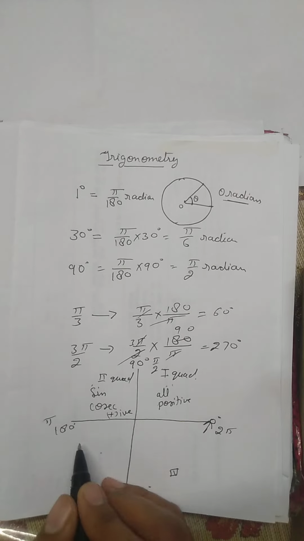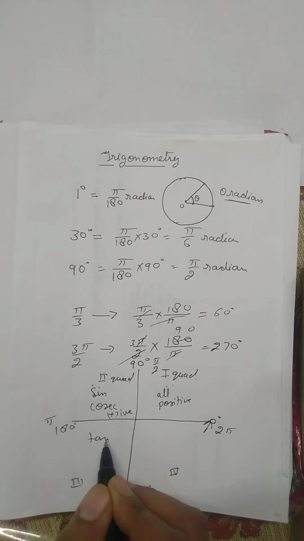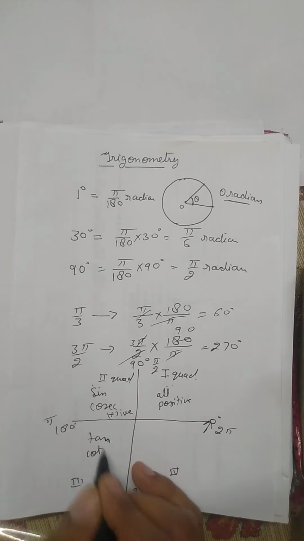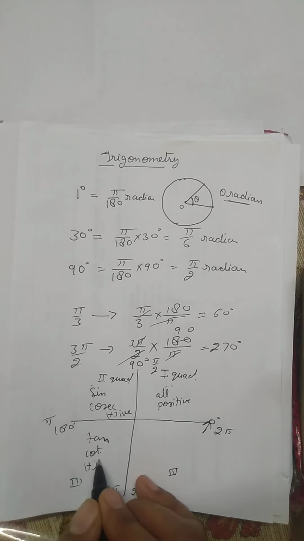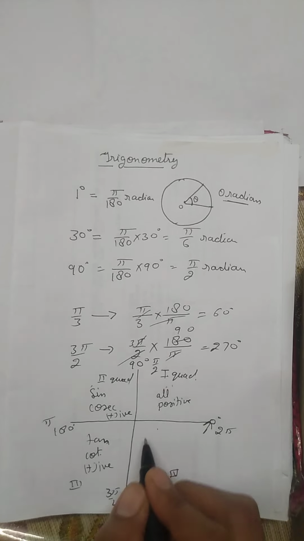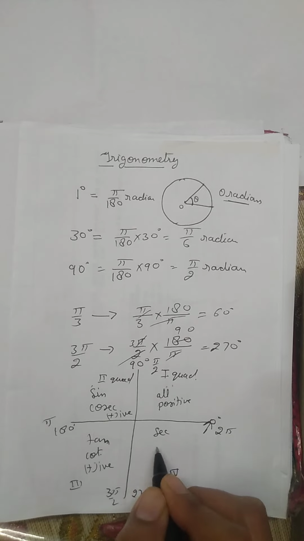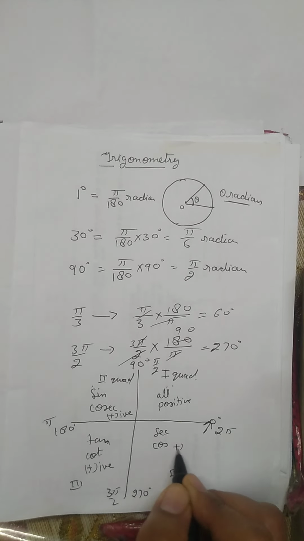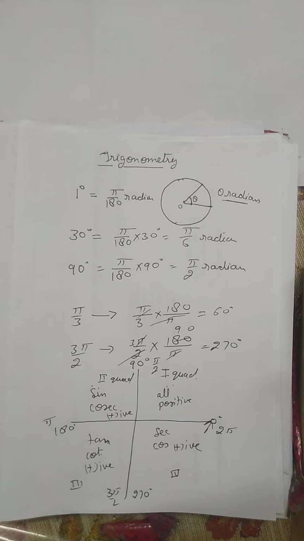In the third quadrant, tan and cot are positive and others negative. In the fourth quadrant, sec and cos are positive and others negative.